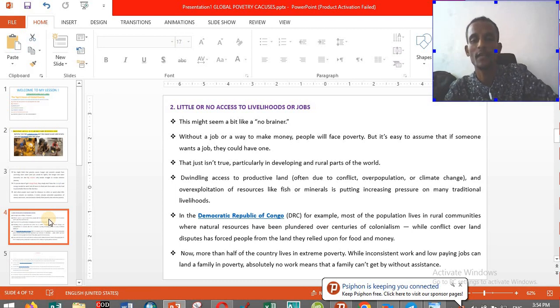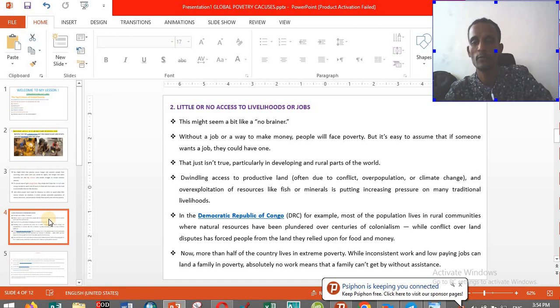In the Democratic Republic of Congo, in Africa, for example, most of the population lives in rural communities where natural resources have been plundered over centuries of colonialism, while conflict over land disputes has forced people from the land they relied upon for food and money.